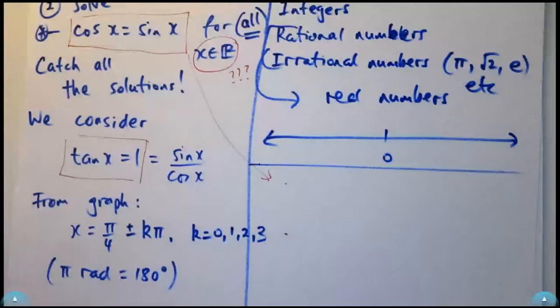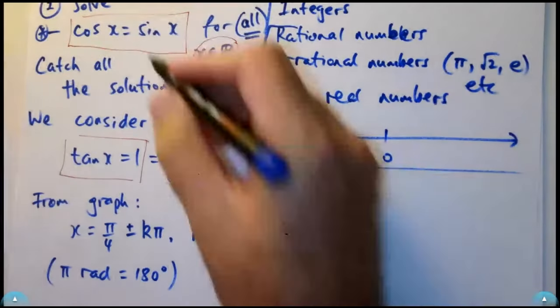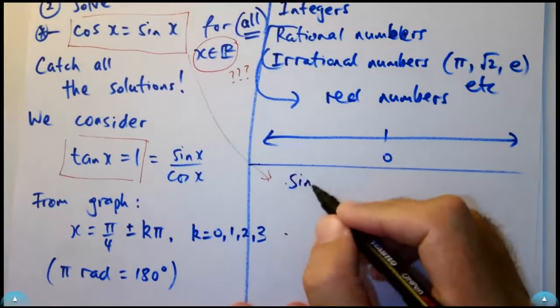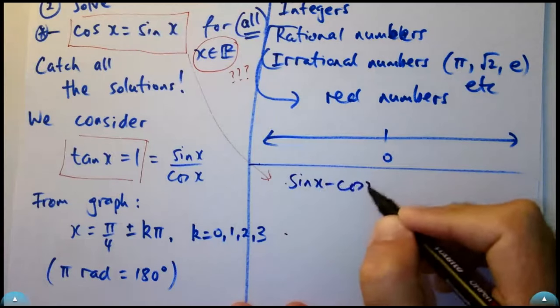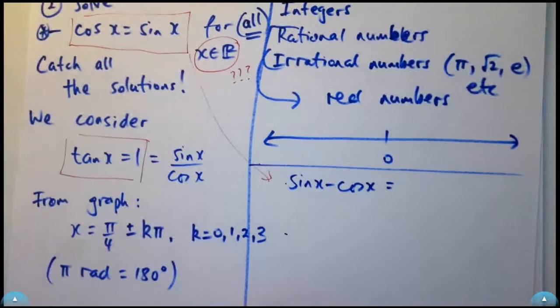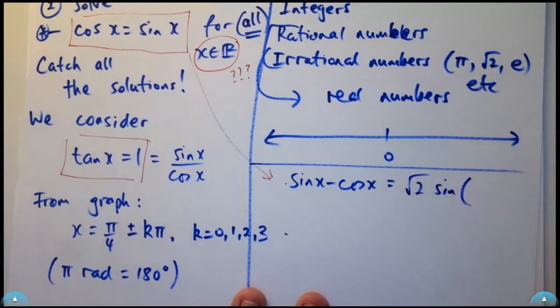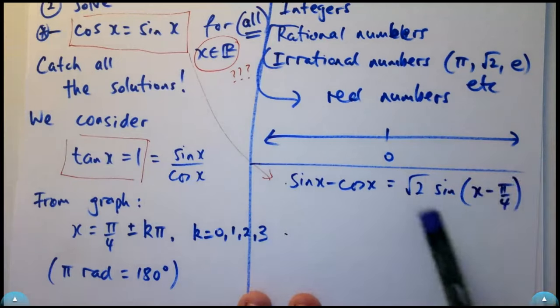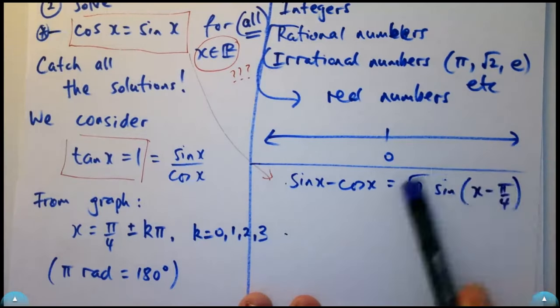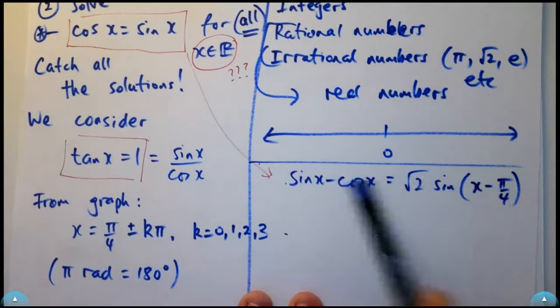Another way is to just write this a bit differently and combine that into one sine function. And then look for the zeros of this. Okay, so how do you go from here to here?